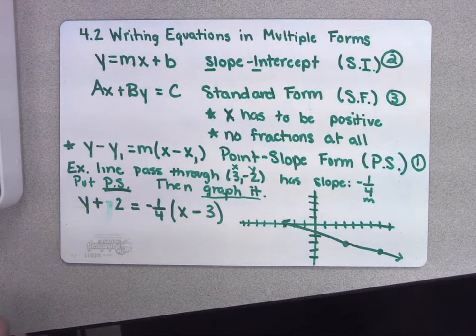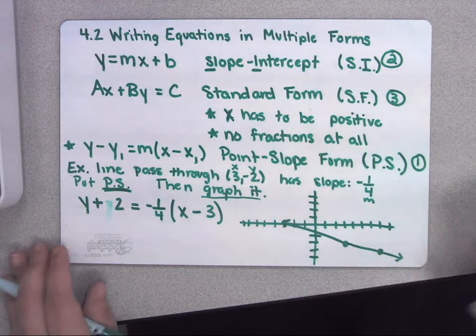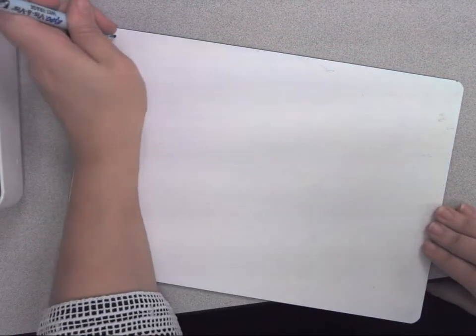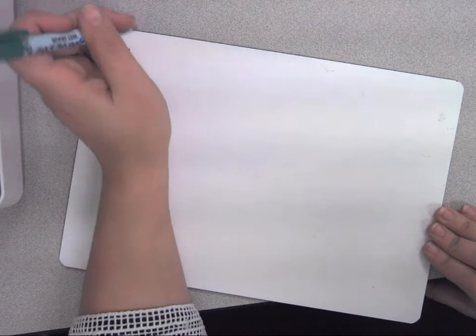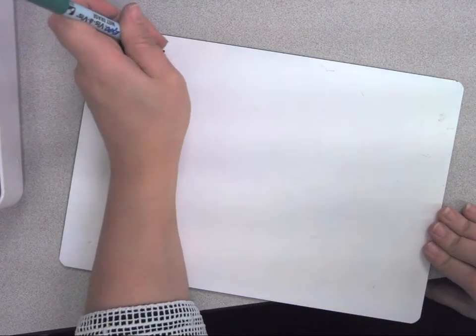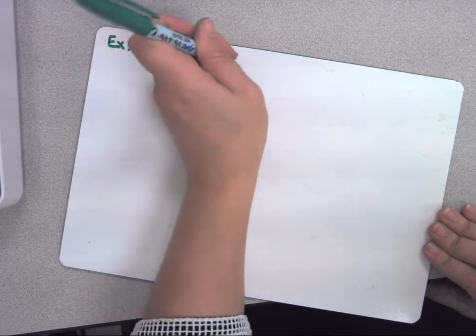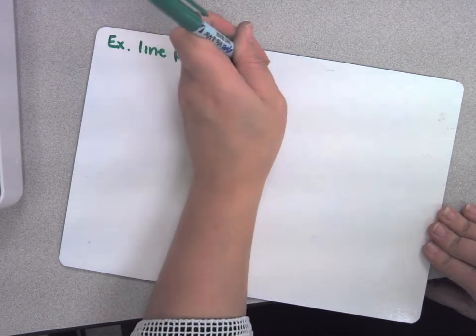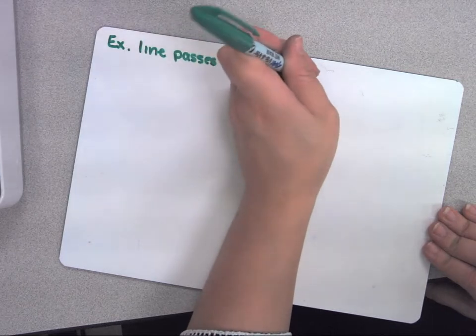Okay. You want to try another one? Maybe a fancy one? Let's make sure it's dry before we flip her over. Okay. How about this one? My line passes through negative 2, comma 2. Your first 3 problems, your homework, are just like these.